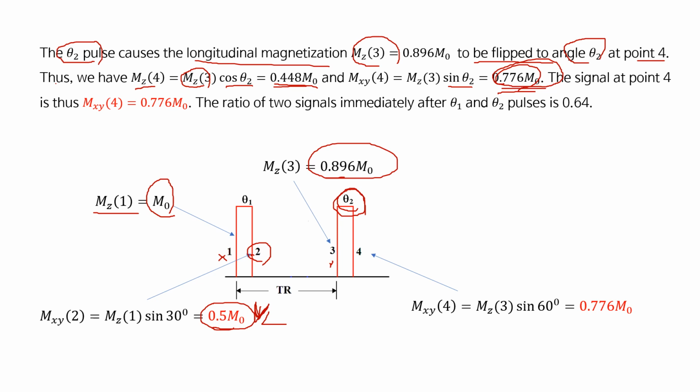This is detected as signal, right? So the signal at point 4 is thus 0.776 M0. So the second signal. So we can get the ratio of the two signals, theta 1 and theta 2, is 0.64. This is the first signal, this is the second signal, so we can get the ratio.